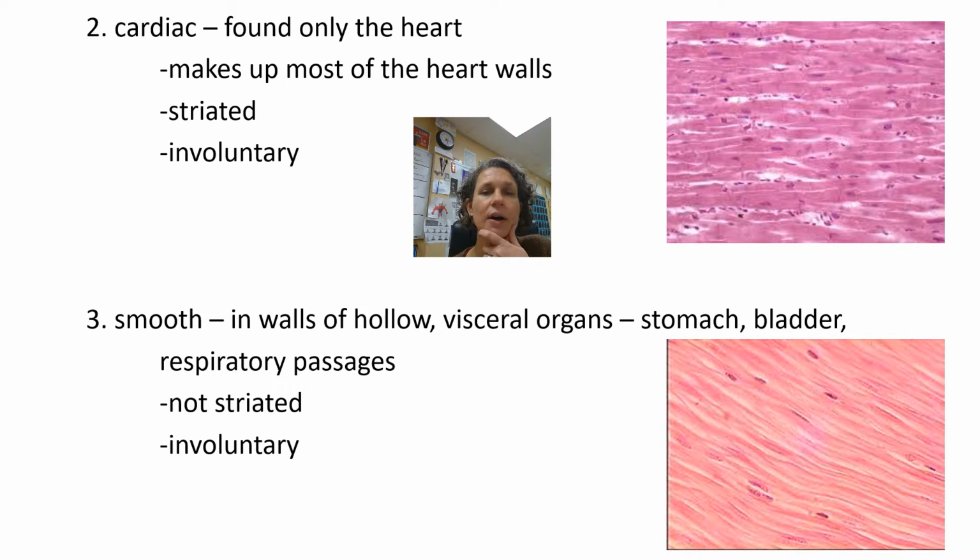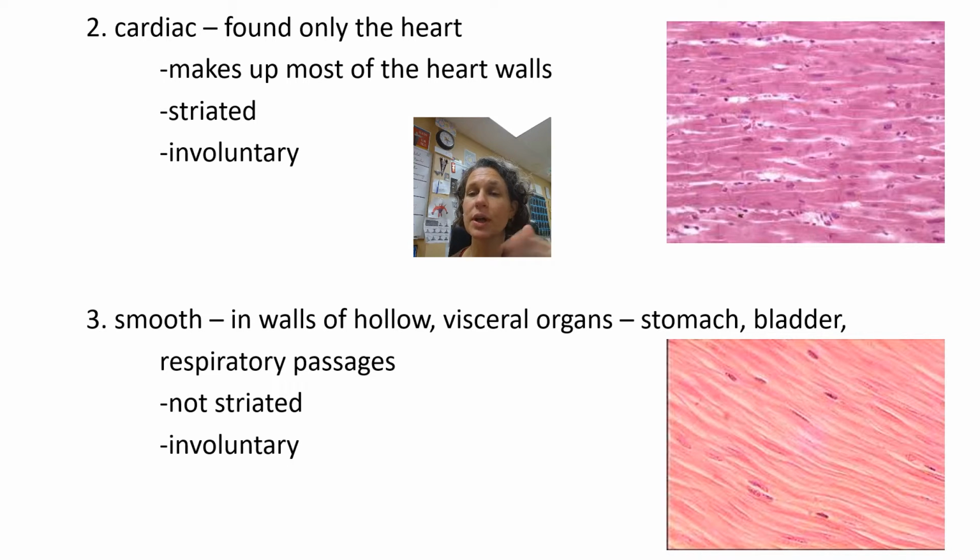Okay, so now cardiac muscle tissue is only found in the heart, hence the cardiac part. And notice, just looking at that top picture on that page, it is similar. You have the horizontal kind of stripes on there, and it is also striated.